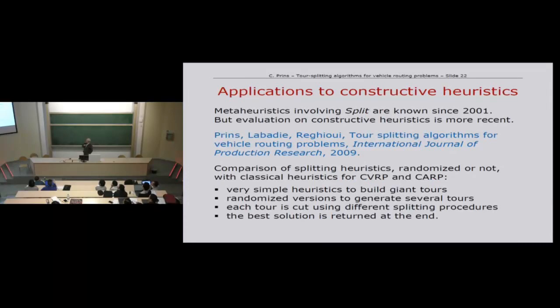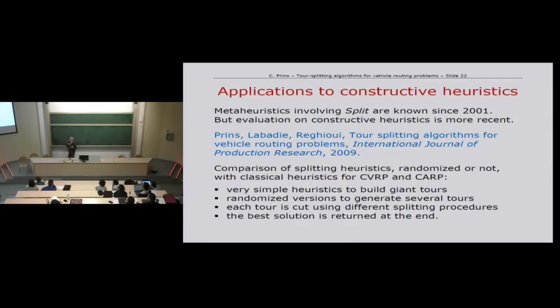So I said at the beginning that metaheuristics based on split have been known since 2001, and the evaluation and constructive heuristics is more recent. This is one reference, for instance. And our idea at that time was to use very simple heuristics to build giant tours, and then randomized versions to generate as many giant tours as we wish.